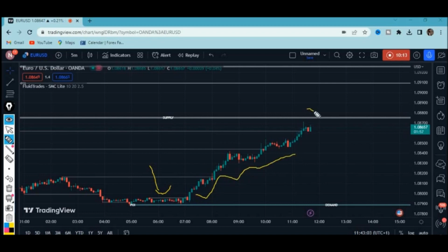The only thing you really have to understand, when you are on your supply zone, there is a probability that sellers are defending their position over here and they can push the market to the downside. But I've told you, this is forex trading. You can see the market breaking above depending on the pressure there is in the market, okay? So at this given point over here, this is where you'll be looking the market from. This is where your attention should be drawn, looking at what is happening at this given point over here.